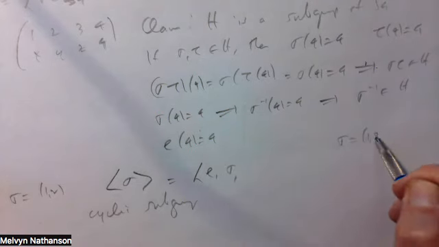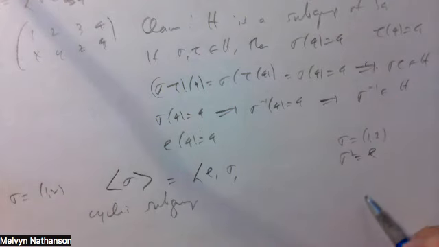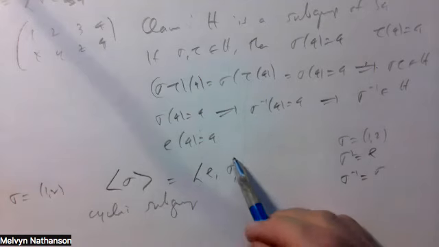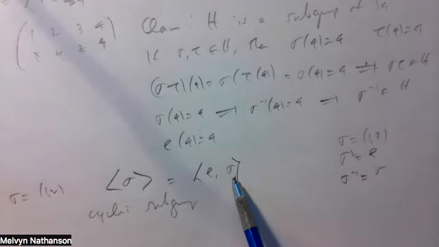If sigma is (1 2), sigma squared is the identity, and sigma inverse is the same as sigma. So this 2-element set is a subgroup. It's closed under multiplication and contains the inverse of each of its elements. So every transposition generates a 2-element cyclic subgroup of the group.